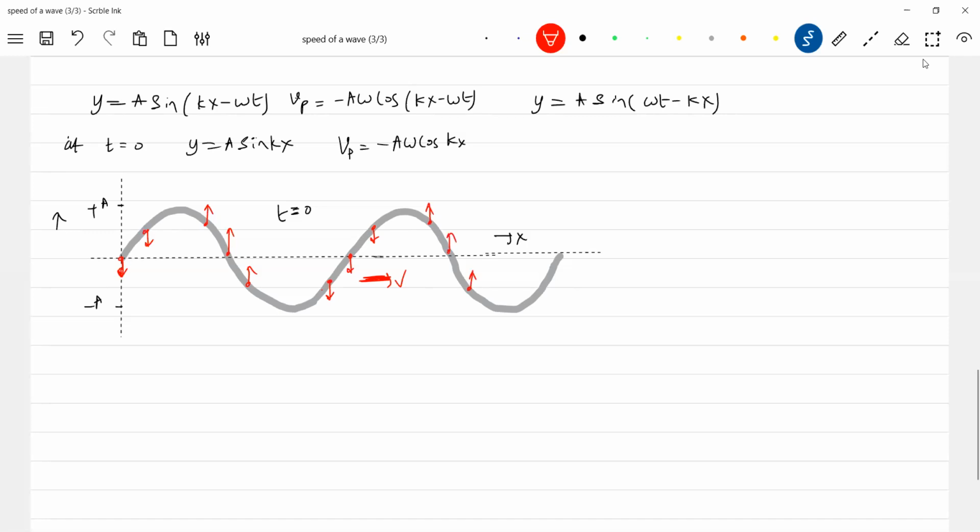I think I'm correct here. The point which is at x equals 0, it is having maximum speed, no? So can we plot the wave like a y-x graph? This is the rope. Can we plot even the speed as a function of x? I think that is not needed.